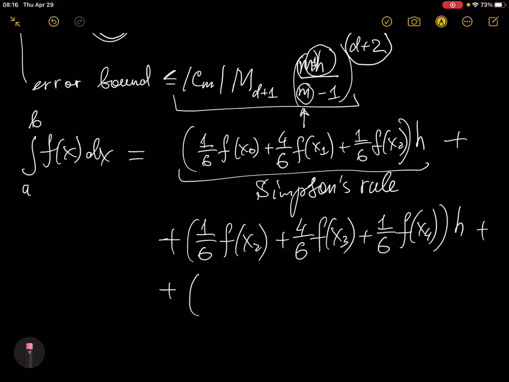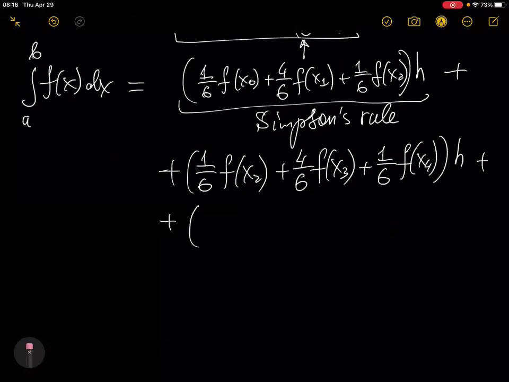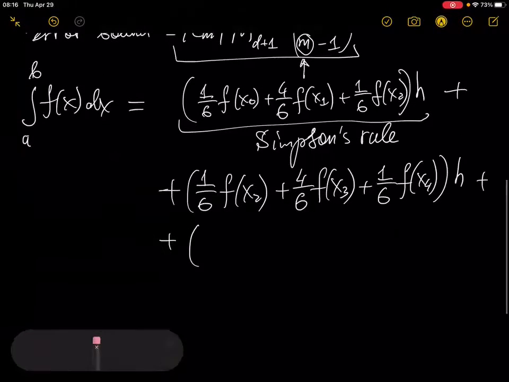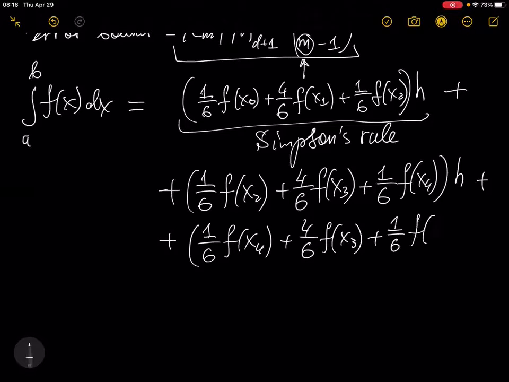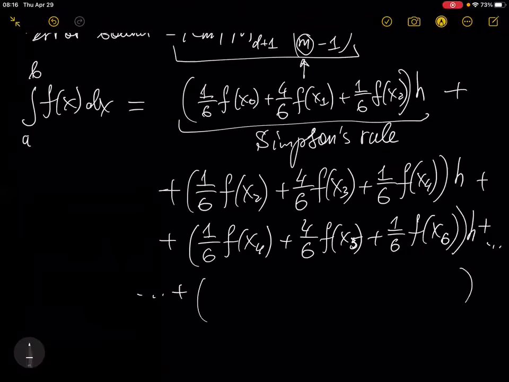Yeah, this is the right form. Okay, next. You can continue like that. 1/6 f of x4 plus 4/6 f of x5, sorry, x6, h, plus and so on, plus, and here will be the last part.